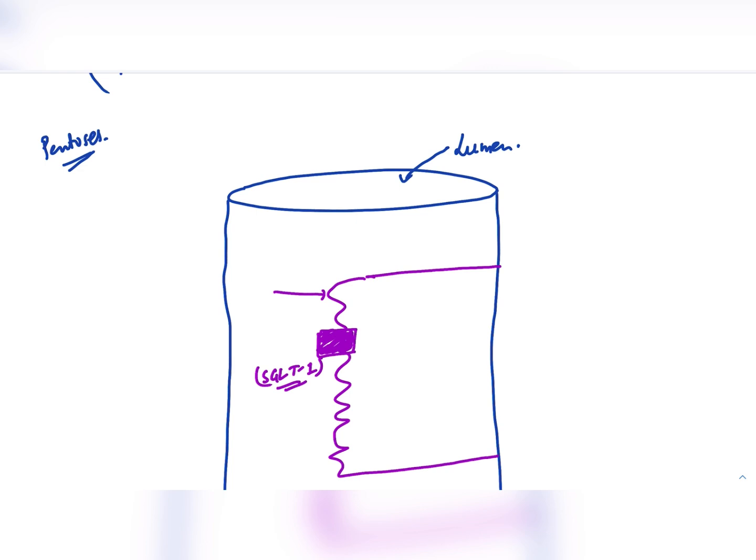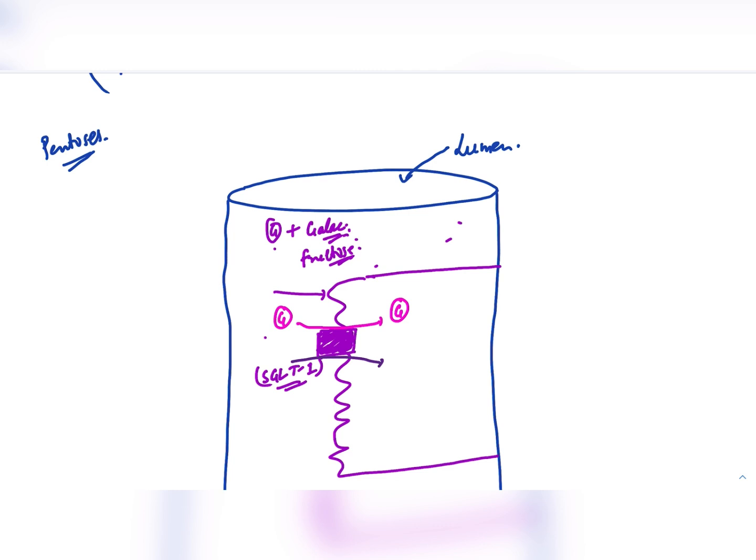So in this lumen, glucose is present, galactose is present, and fructose is present. Glucose and galactose can be absorbed via this SGLT1. This glucose can be absorbed from the apical part of the intestinal epithelial cell inside the cell along with sodium.